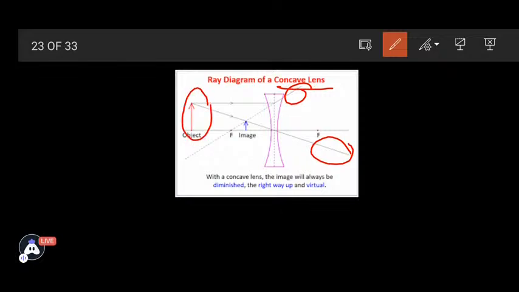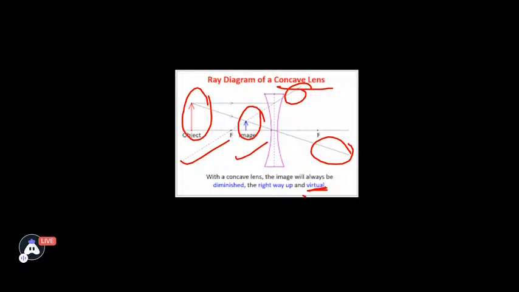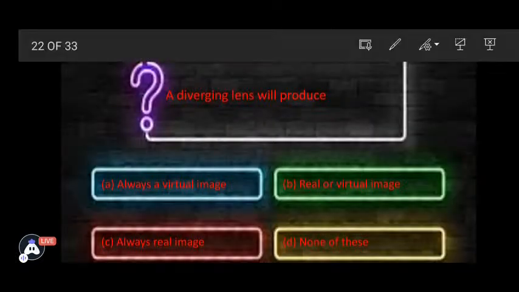Now we are comparing the object and the image. So you can see the size of the image is reduced and the image formed is virtual. So when the object and image both are placed on the same side, in the case of a lens, the image formed is virtual. So the correct answer over here is always a virtual image.